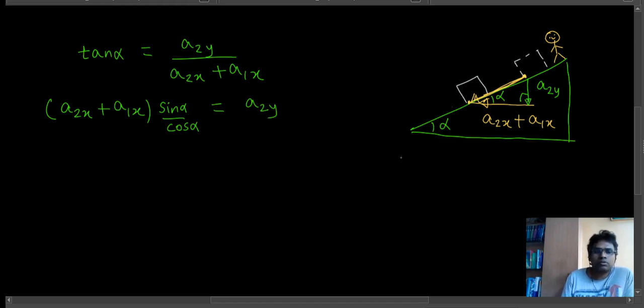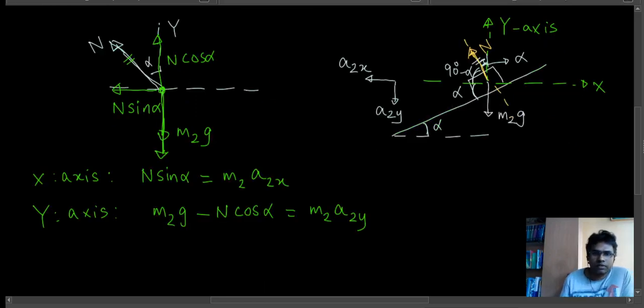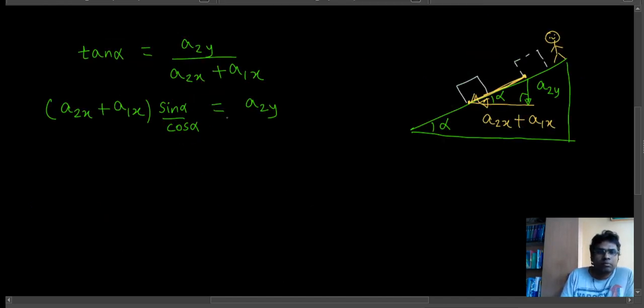Now in order to solve this, if you look at the other equations, we have m2 into a2y and then m2 into a2x. So we can multiply either side by m2.